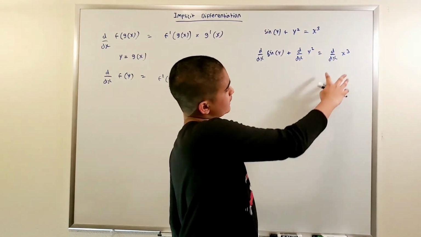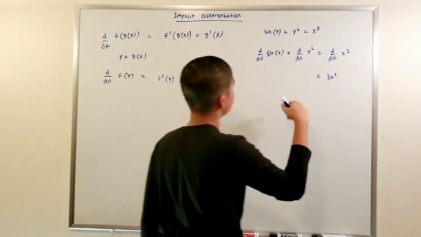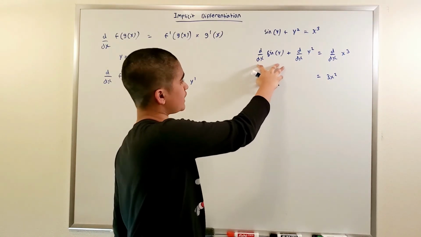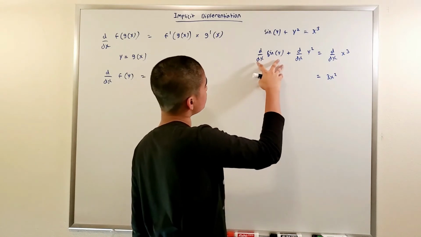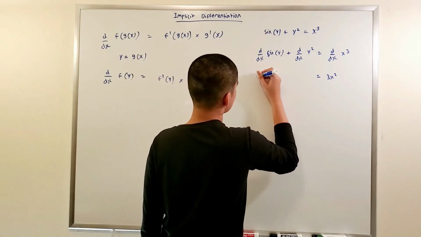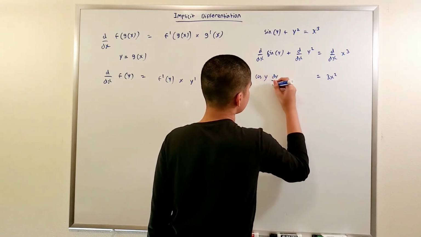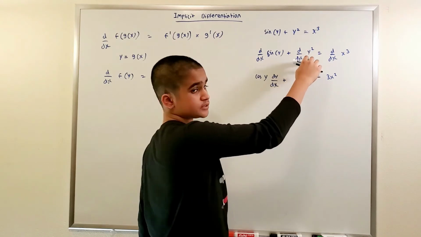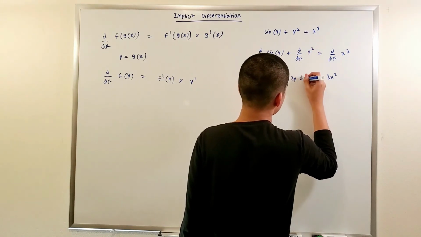The right-hand side is very easy to evaluate. It is just 3x squared. For the left-hand side, let us start with sine of y. Using this rule, the derivative of sine of y is going to be cos of y times dy by dx. And the derivative of y squared is going to be 2y times dy by dx.